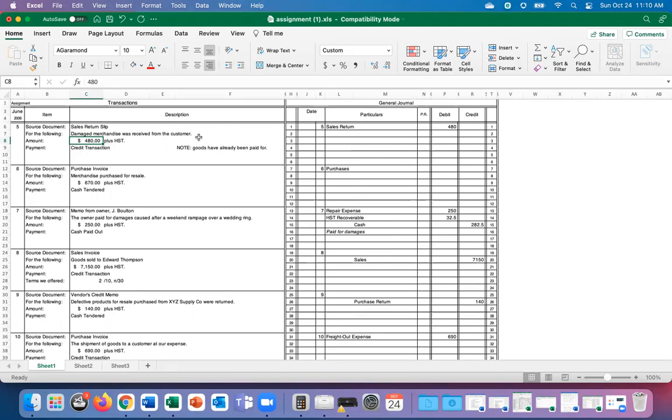So we're giving them $480 back. The second one, purchasing merchandise. So we spent $670 on our new merchandise inventory. So that's going to go there, 670 in the debit.